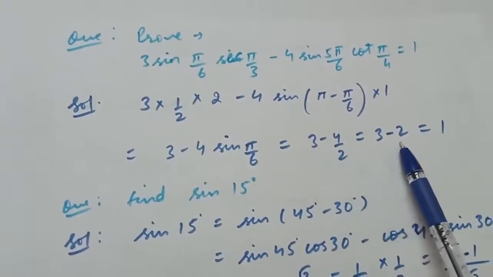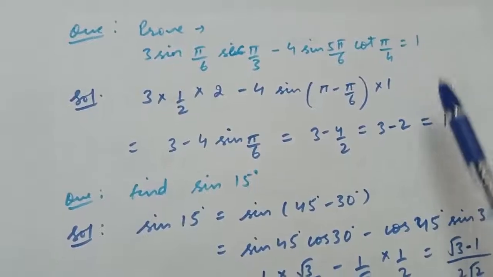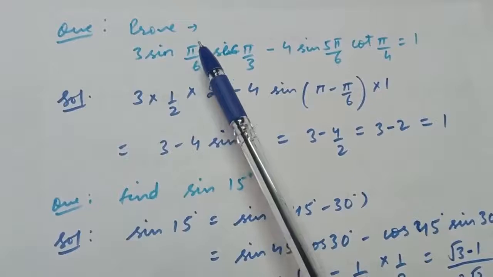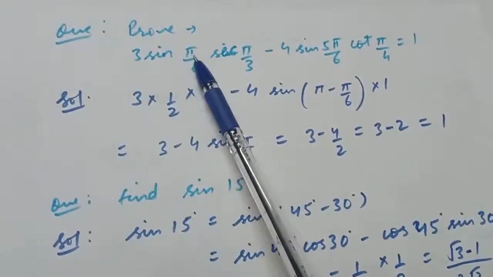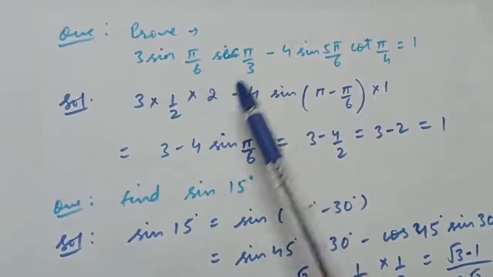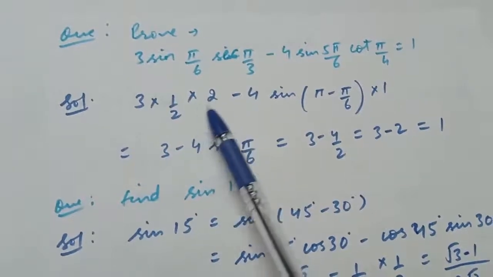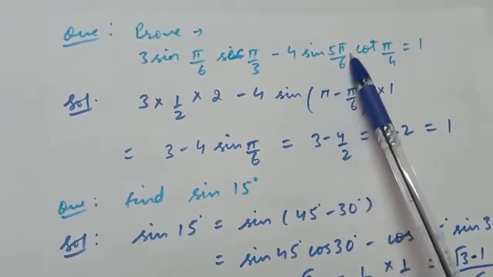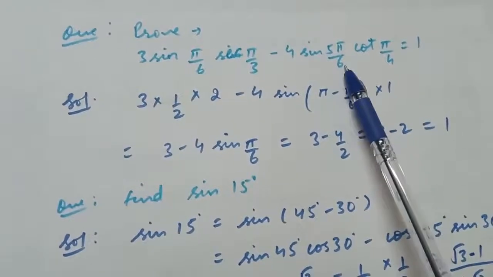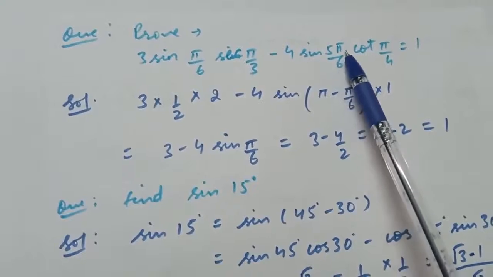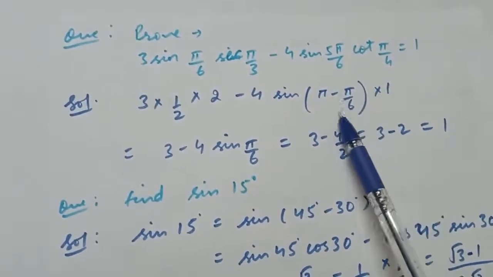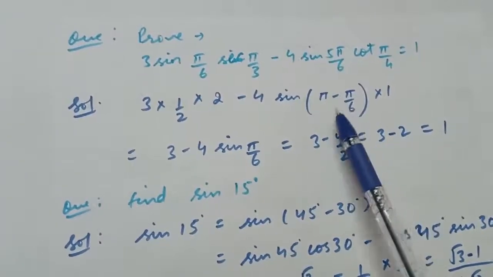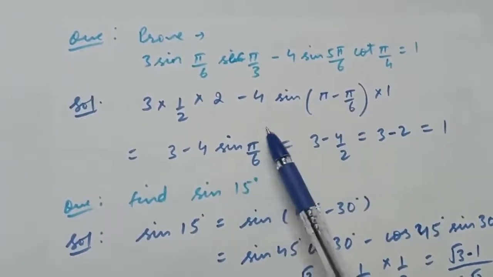So this will be 3 minus 2, which is equal to 1, the RHS. Clear? So what we have done in this question, the values of the functions at these angles are known. So write them down as it is, and when the value of the function is not known at some angle like this, try to break this angle in that form, so that now as we have broken this in this form, we know the value of sine pi by 6, right?